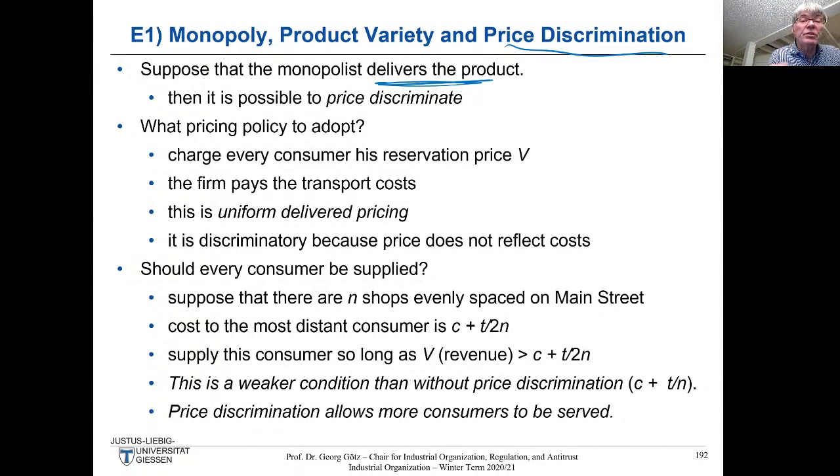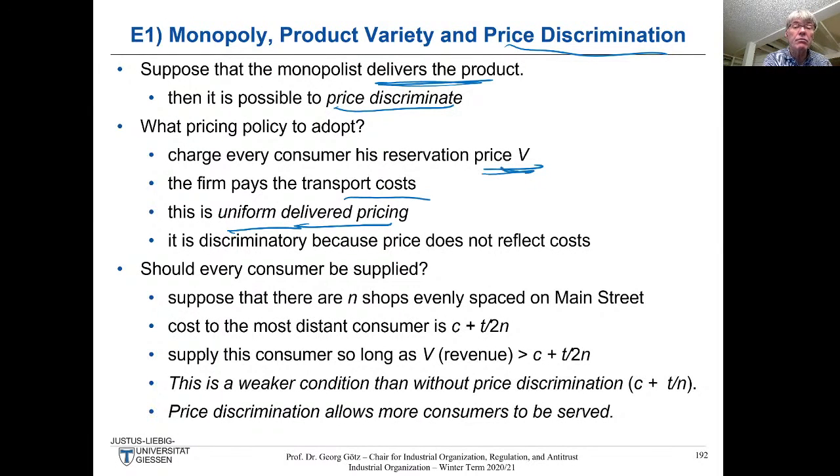Then the firm is able to price discriminate. What can it do? It can charge the reservation price V from each consumer, and the firm simply pays the transportation cost. What does this mean? Everyone gets the same delivered price, free on board. So this would be a uniform delivered price.